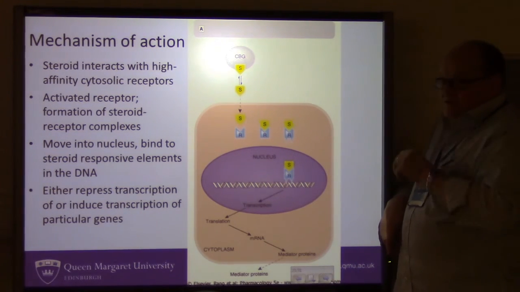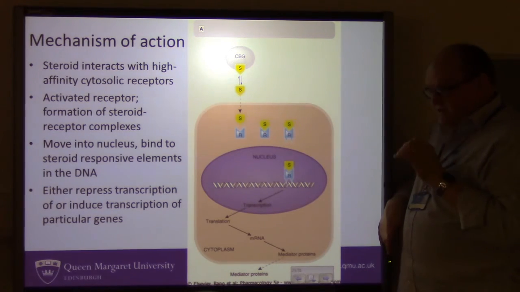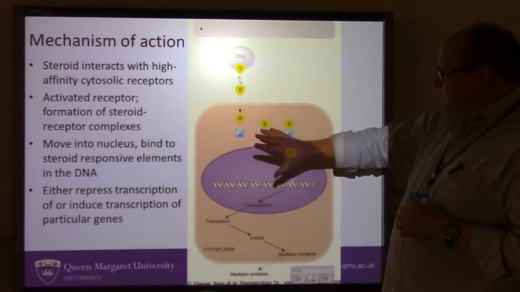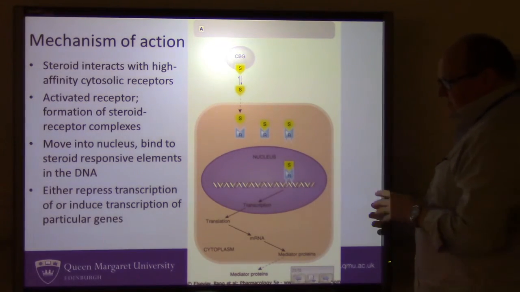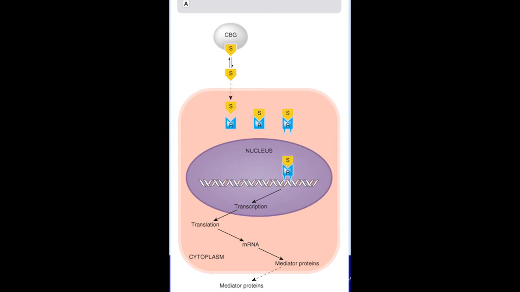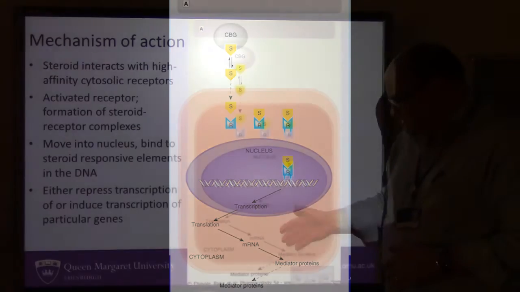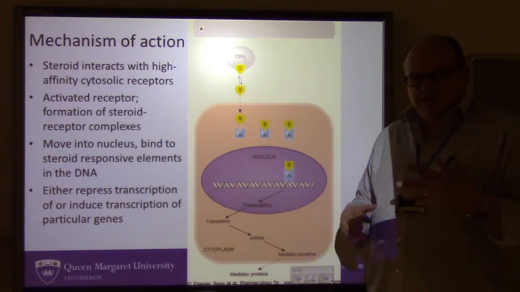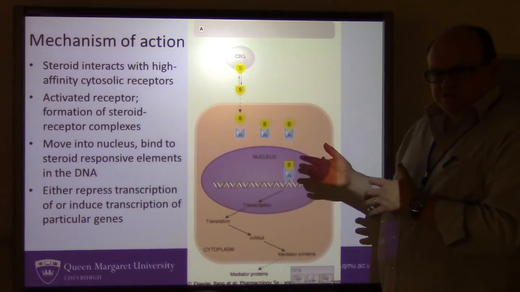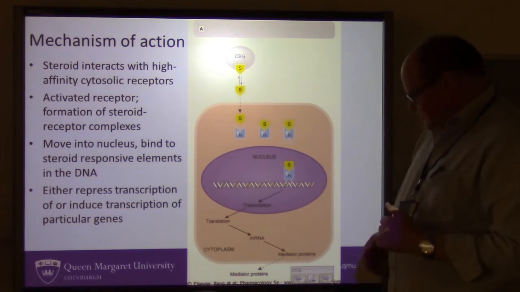The steroid receptors are that fourth class, the nuclear ones. And what happens is it comes in, binds to its receptor. The receptor then will have an impact on the transcription process to either repress transcription or induce transcription of particular genes. That then results in the increase or decrease in the production of specific proteins, and that's how they're working, they're changing cellular function in that way.